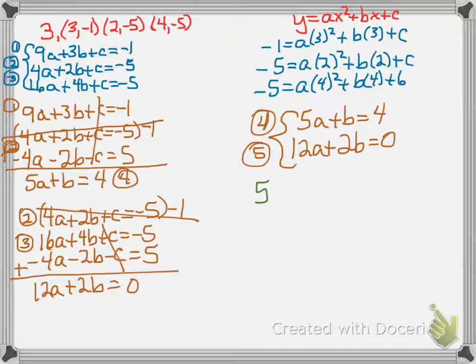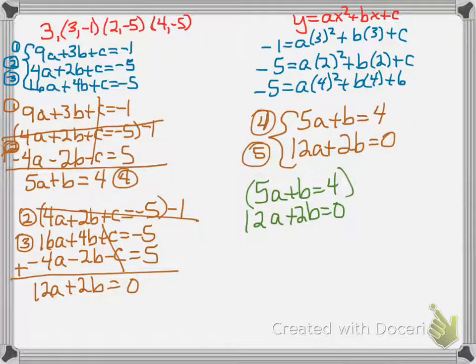Alright, now let's take equation number 4 and number 5. So 5a plus b equals 4, and 12a plus 2b equals 0.